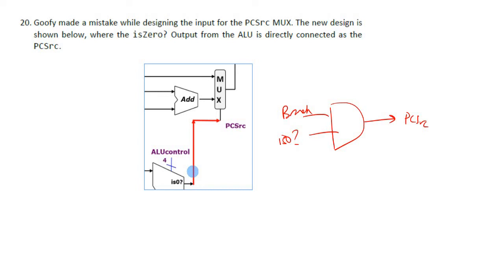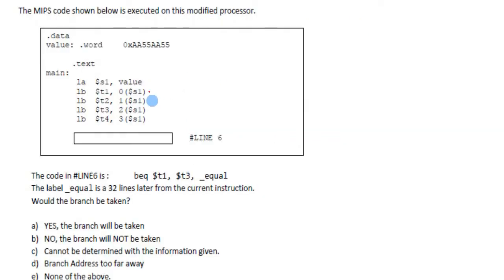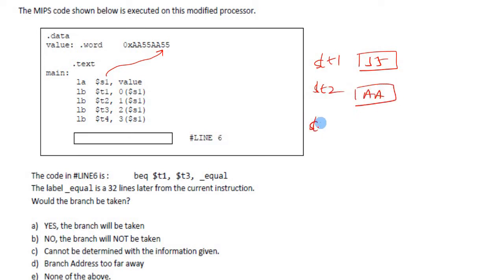And we are given this sequence of instructions. If you look at this sequence of instructions, we can see that S1 points to this word, so it points to the lower address. So if I look at the values, T1 is having 55, T2 is having AA, T3 is having 55, and T4 is having AA.